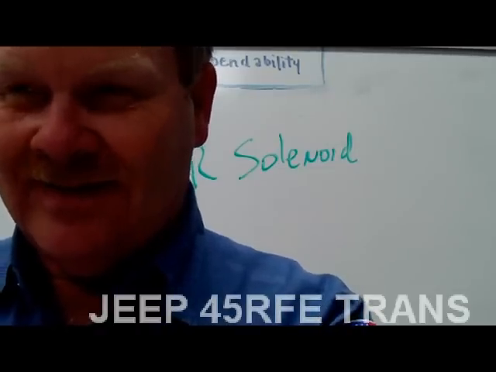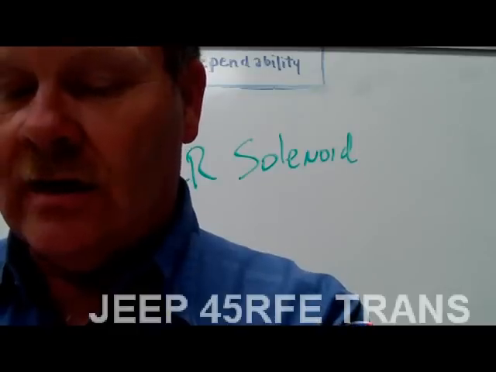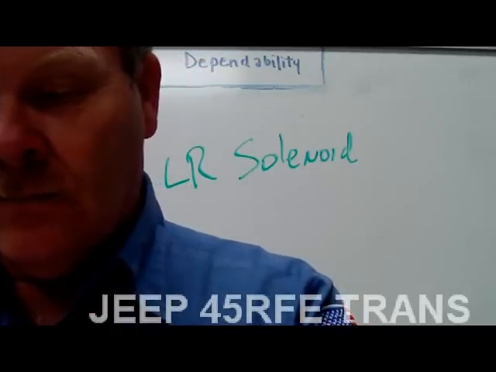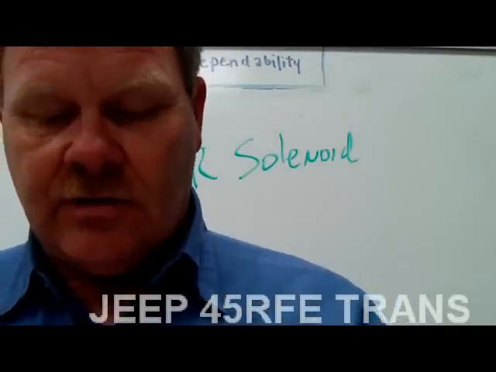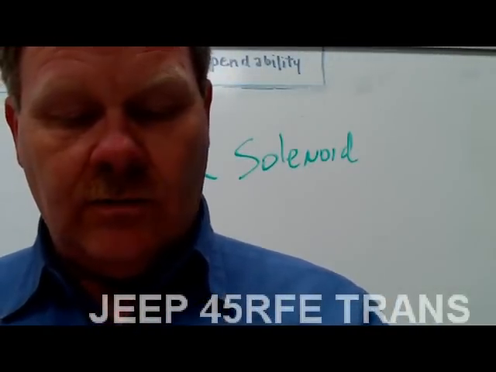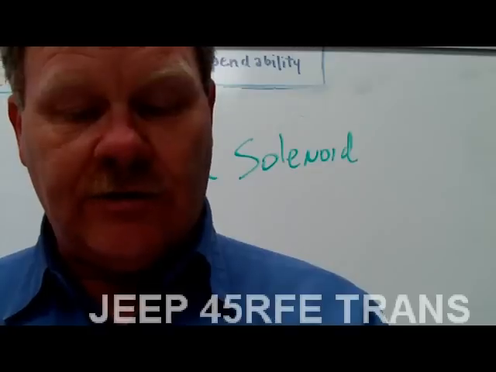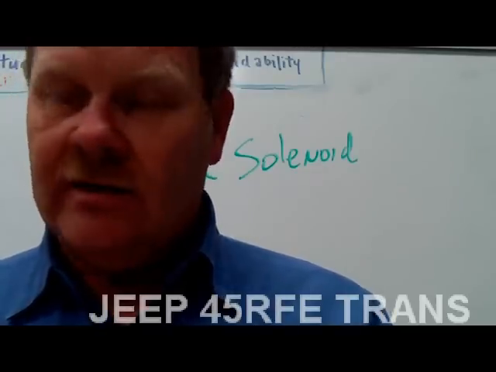I say it's B. Remember? We went over it. In park, neutral, and low, the low reverse clutches are applied. Okay, so that's B. What's the gear ratio for the 4 RFE's alternate second gear? C, 1.5 to 1. That's what we came up with.